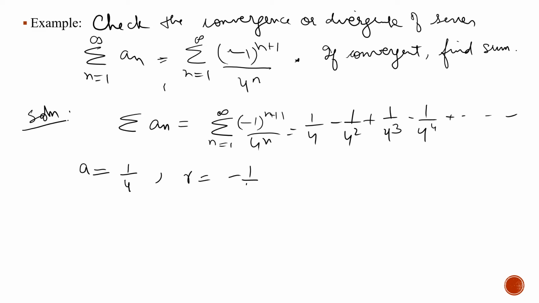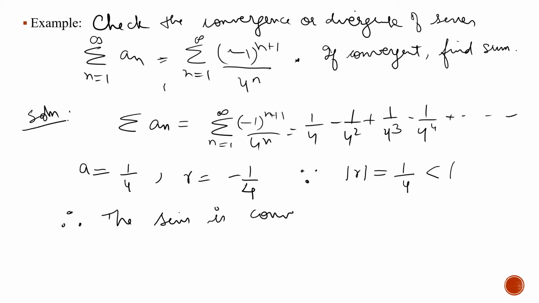Minus 1 by 4. So since you have already proved that mod of r, which is equal to 1 by 4, which is less than 1, therefore the series is convergent. You have already proved that the geometric series is convergent only when mod of r is less than 1.